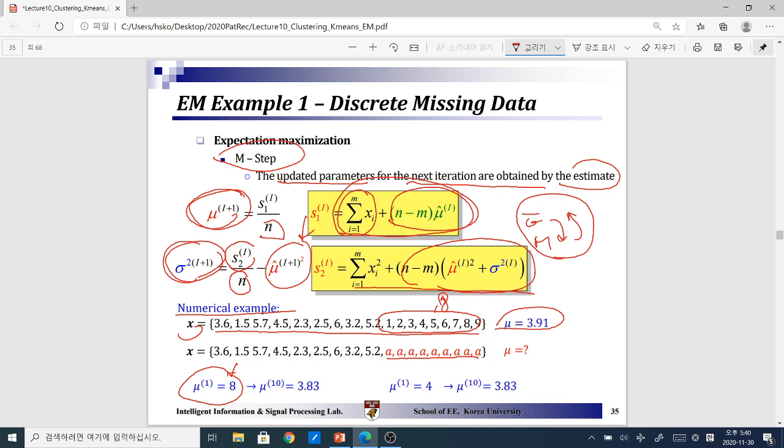And then after going through the EM procedure for about 10 times, it's going to essentially converge to 3.83, which is very, very close to the true mean, which accounts for these values.